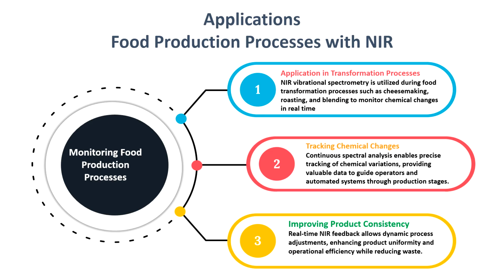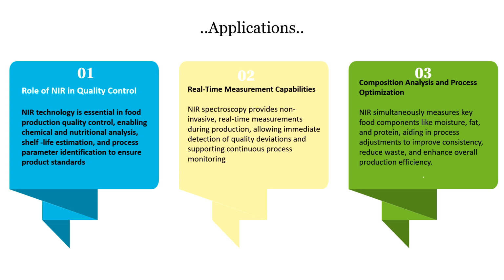Third, improving product consistency. Real-time NIR feedback allows dynamic process adjustments, enhancing product uniformity and operational efficiency while reducing waste. These three applications are included as monitoring food production processes.